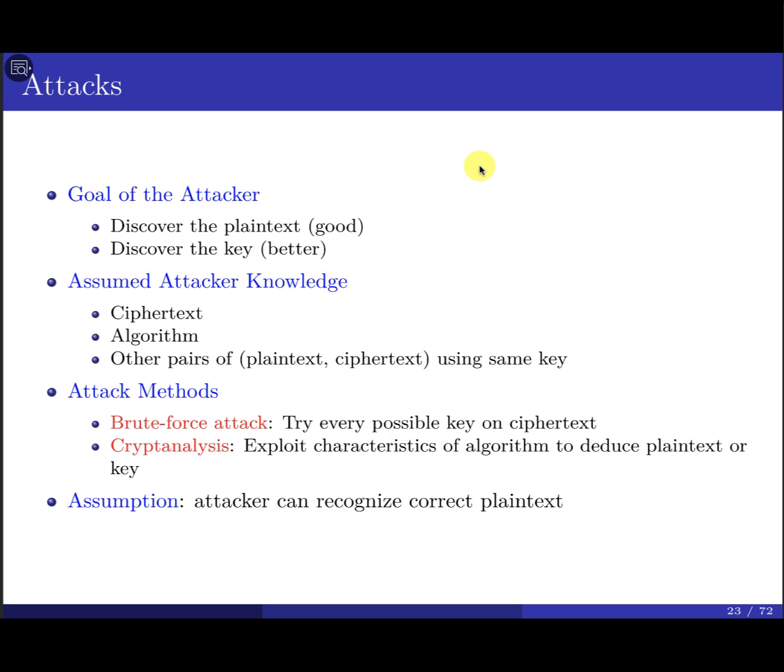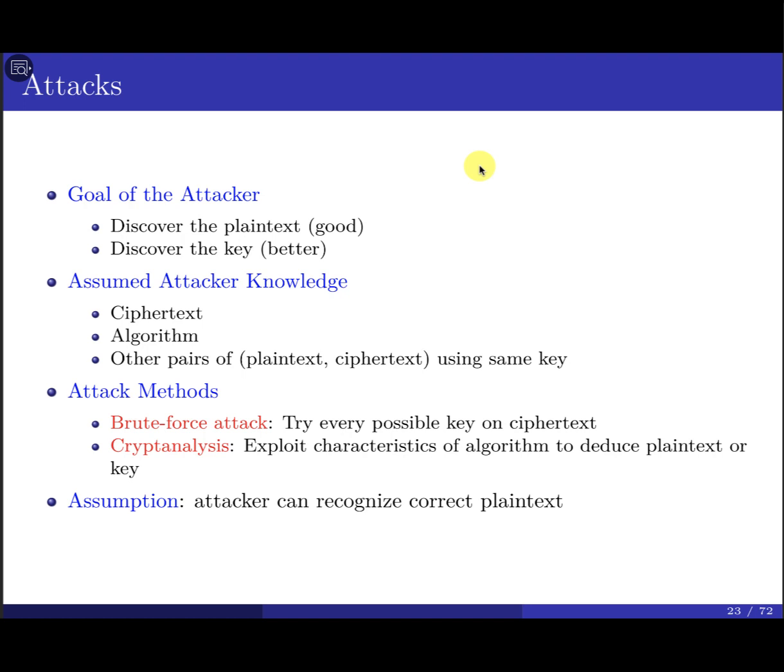We assume that the attacker knows the ciphertext and the algorithm used to encrypt or decrypt, plus they have a sequence of plaintext-ciphertext pairs which use the same key. If they used different keys, it's not helpful, because I cannot use them.